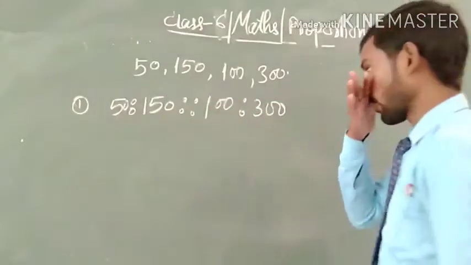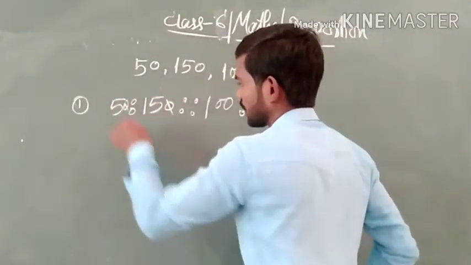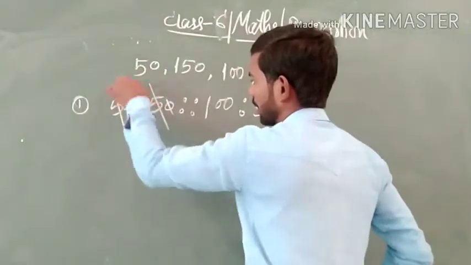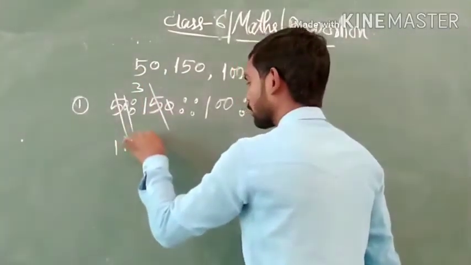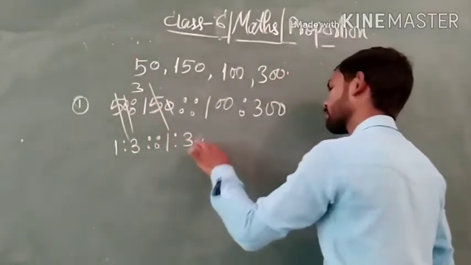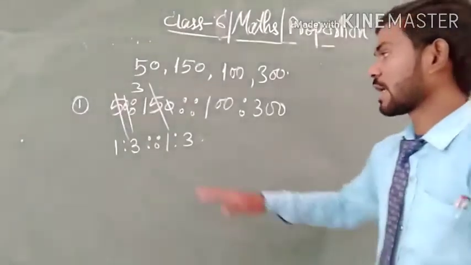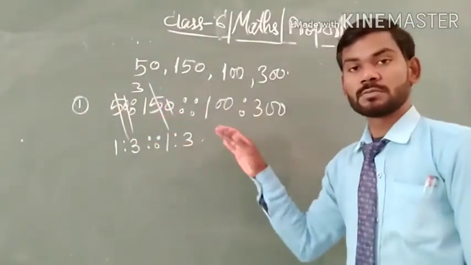Okay, and whenever we solve, the 0 and 0 cancel out. 5 on the 5, 5 3 the 15. Therefore, we get 1 ratio 3, which is proportional to again 1 ratio 3. Okay, which shows that the first condition shows proportion.